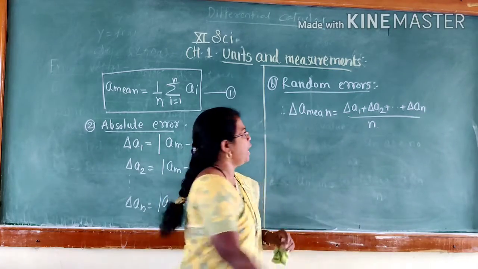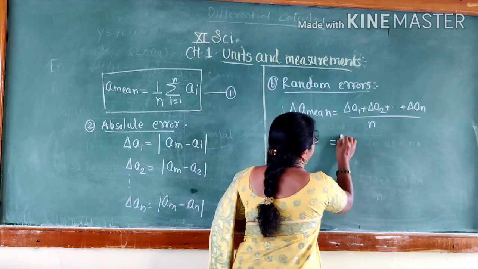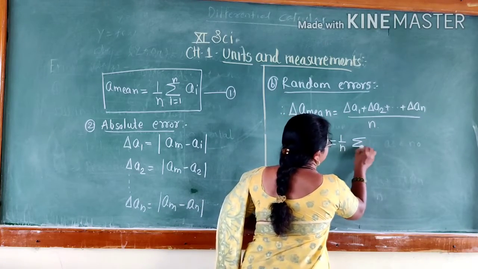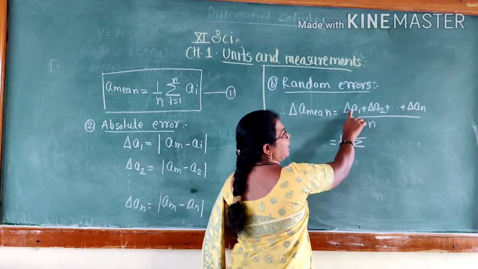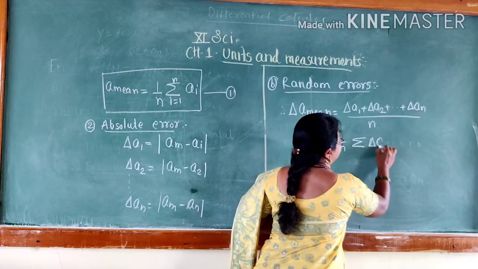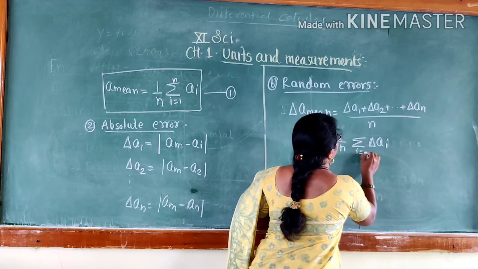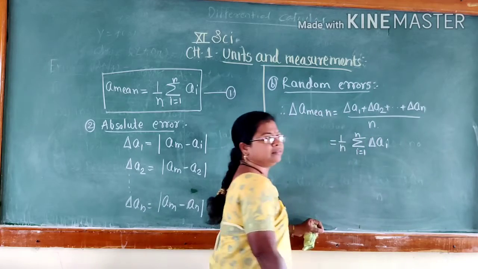This can be written as 1 upon n summation of delta Ai, where i goes from 1 to n.